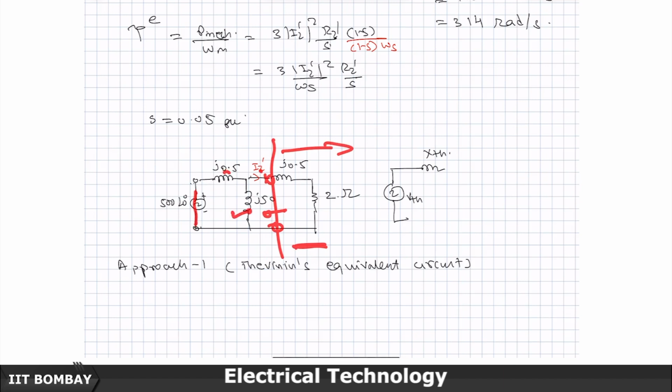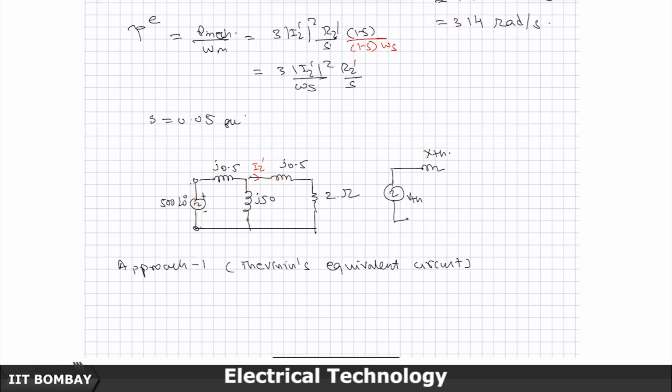This impedance and this inductance will come in parallel, and two inductances in parallel will create a new inductance only. It cannot be a combination of RLC, it will just be an inductor. So, it will be X Thevenin, and when the load is taken out, current will flow through this series circuit, and the proportionate voltage developed here, which is J50 divided by 50.5 times 500 volt, will turn out to be V Thevenin.